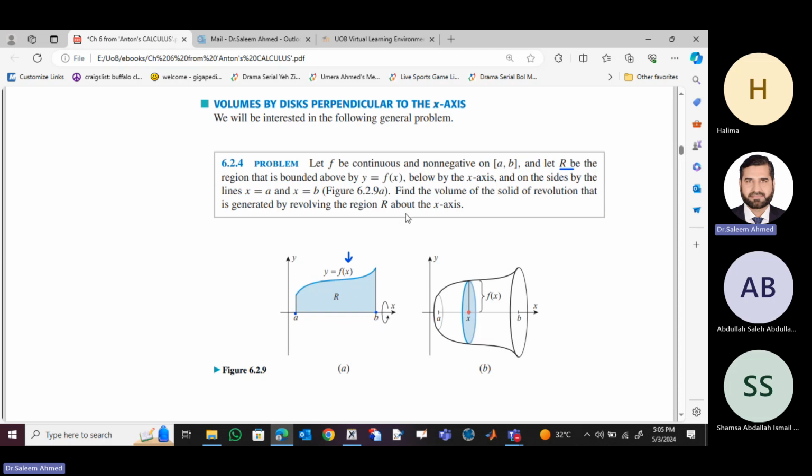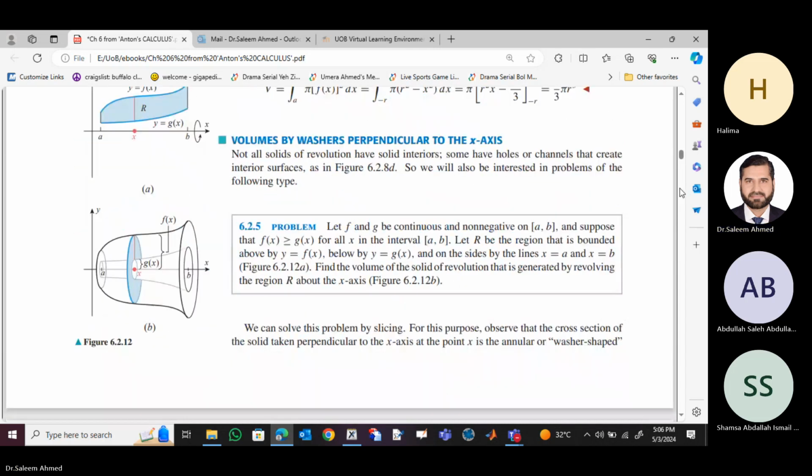You just have to remember this, and read that the solid of revolution is generated by revolving about the x-axis. You have to be careful that we are revolving this region about the x-axis. Then you make this solid, and the volume of this solid will come from f(x): the integral from A to B of pi f(x) squared. You just have to put the function and the values A and B in the formula, and you will get the volume of revolution.